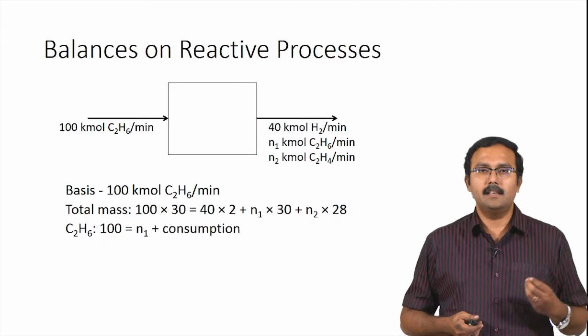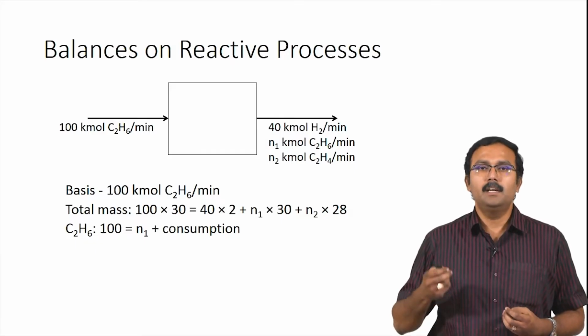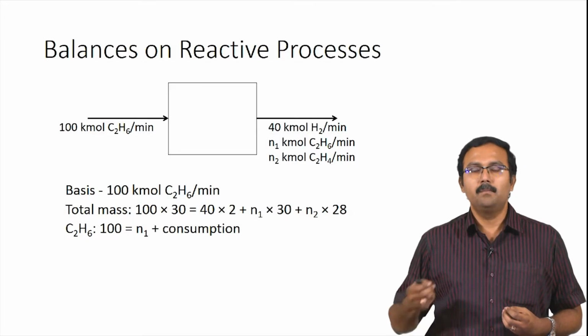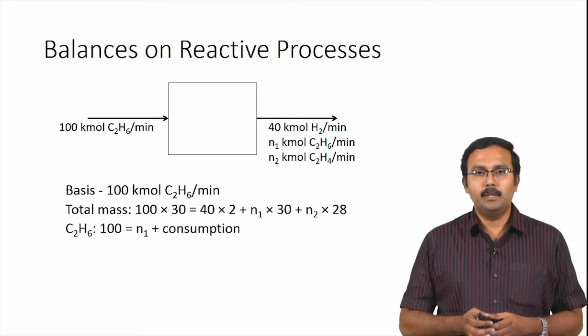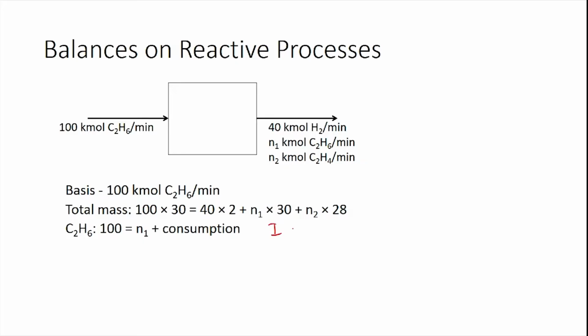Ethane balance is 100 moles entering and this is equal to N1 moles which is leaving plus consumption. So, this equation basically comes down from input minus output plus generation minus consumption equals accumulation. Assuming steady state, accumulation goes to 0. Now, we have an input term for ethane because we know 100 kilomoles of ethane is entering.